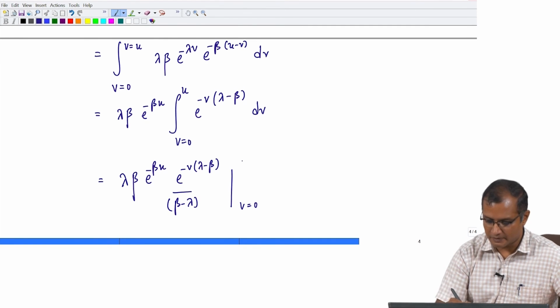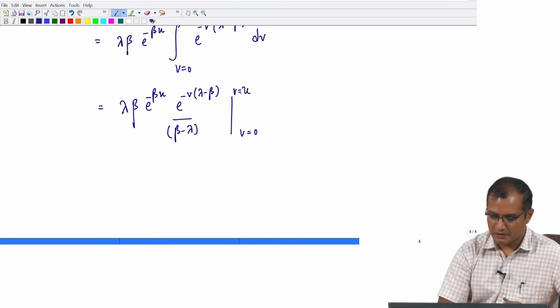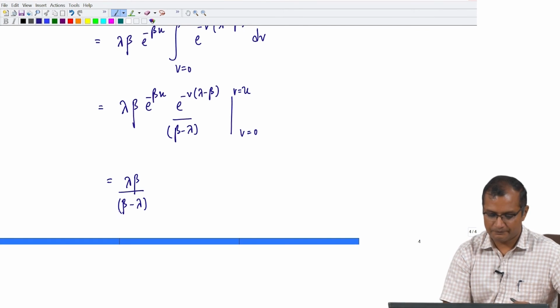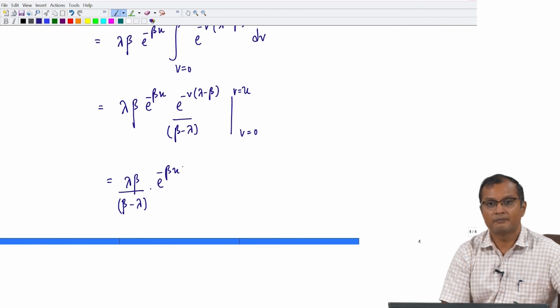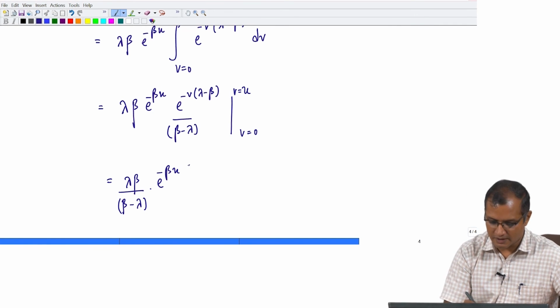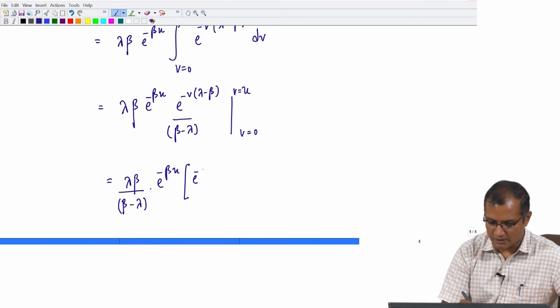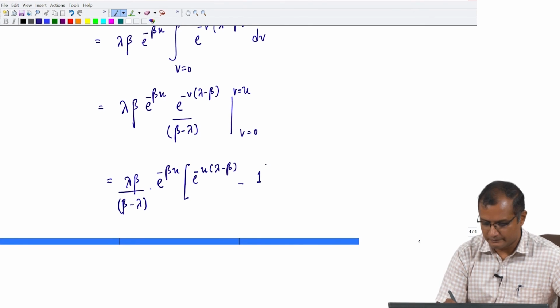If I apply the limits, this will be basically lambda beta over (beta minus lambda) into e raised to minus beta u. Just plug the limits, the answer is very easily obtained, e raised to minus u (lambda minus beta) minus 1.